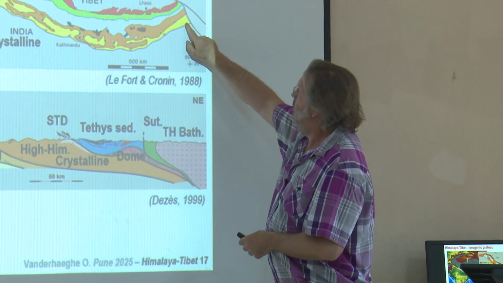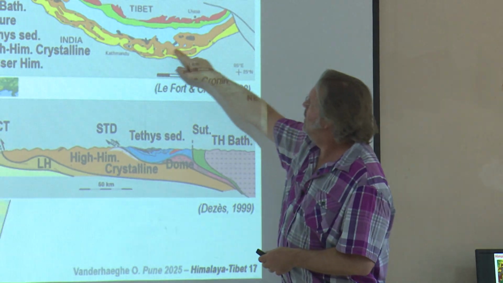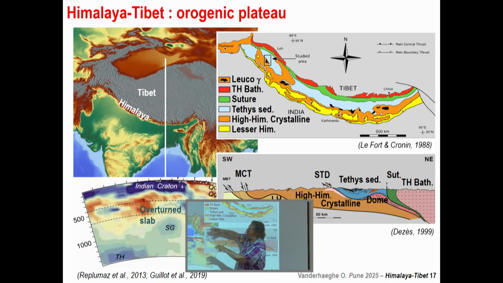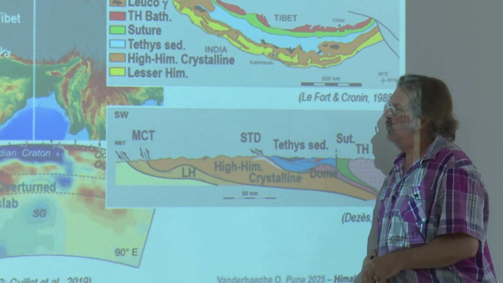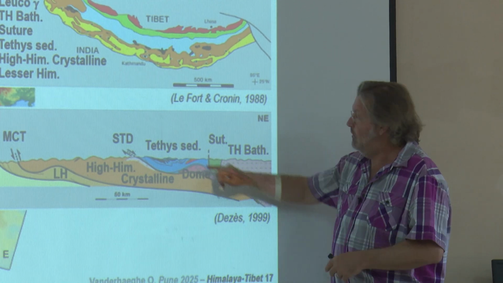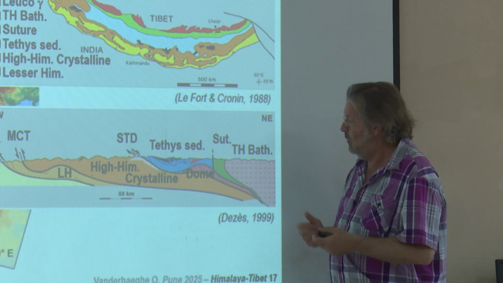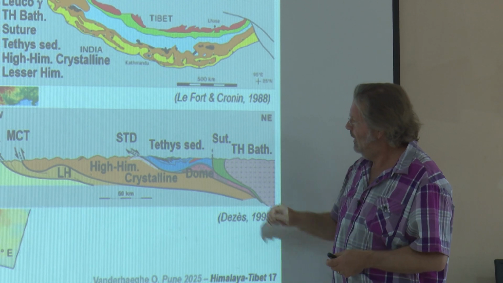Okay, whatever. So we have here the main frontal thrust, the main central thrust with the High Himalayan Crystalline nappe, and we're going to go through that later on. And then in blue, Tethyan sediments. These are the sediments that were in between India and Eurasia on the margins of the continent that have been deformed during convergence along the convergent plate boundaries.